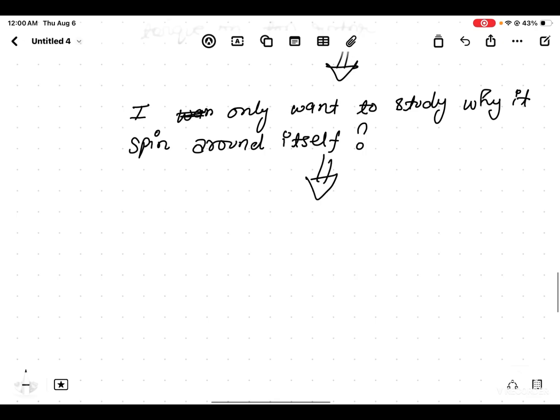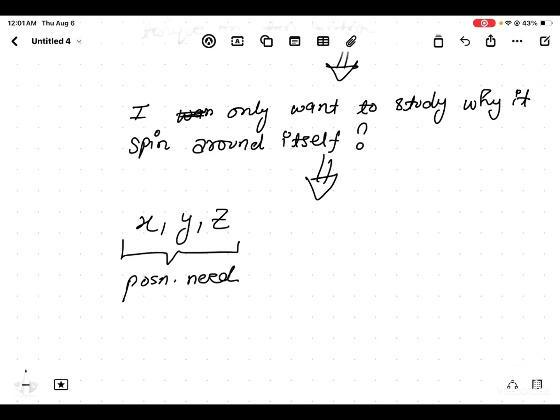So the problem is saying that I only want to study that. XYZ, no position is needed. As I only want to study the spin, I don't require the XYZ linear accelerations. I don't require roll or pitch motion. No need.